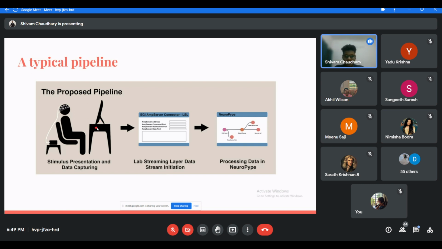What I do is send the EEG data on a stream. It follows a UDP protocol, which does not need a TCP handshake. I use software called EGI AMP server connector using lab streaming layer, which is a very good piece of software. If you want to get your hands dirty with brain computer interface, you need to look at lab streaming layer.